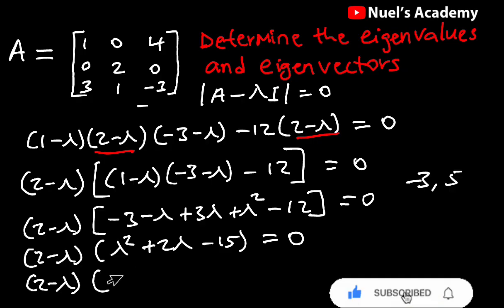So we have lambda squared plus, let's replace 2 lambda with 5 lambda and minus 3 lambda. So we have plus 5 lambda minus 3 lambda minus 15 equals 0.